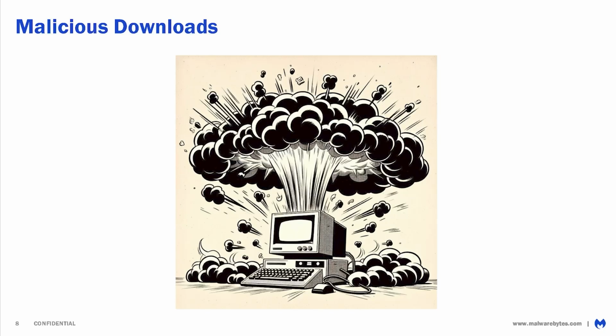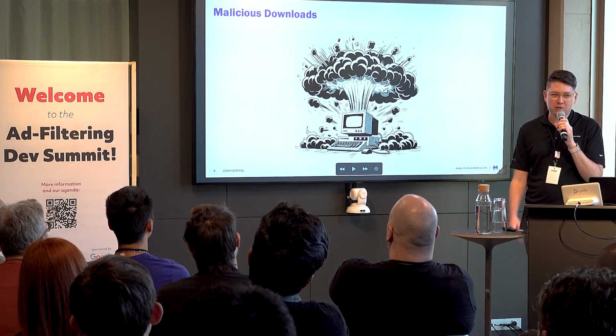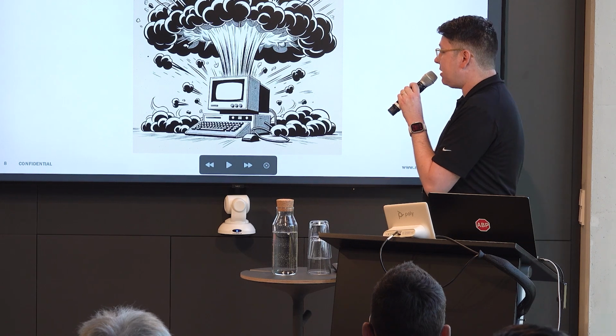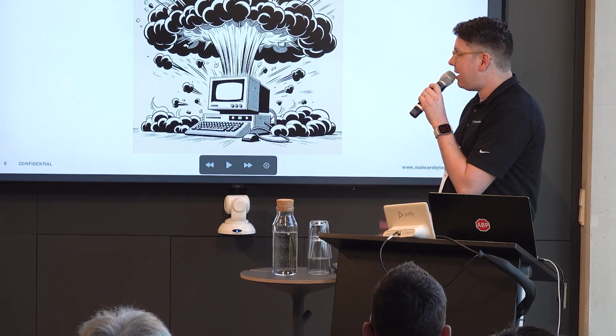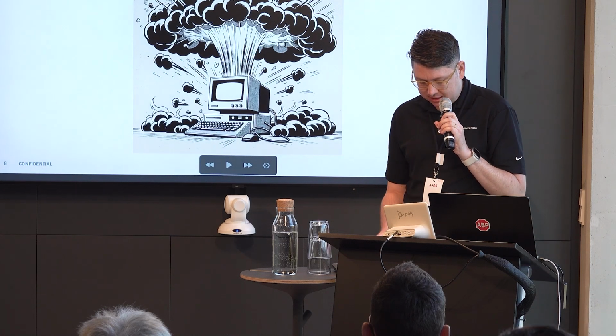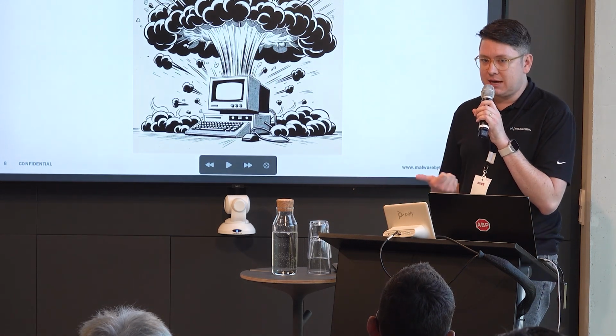Malicious downloads. This is the OG, in my opinion. This is where people got most in trouble on the net a long time ago, but this is still prevalent today. People are still downloading bad files, malware, Trojans, all kinds of things. So luckily in MV3, we still have the download API.